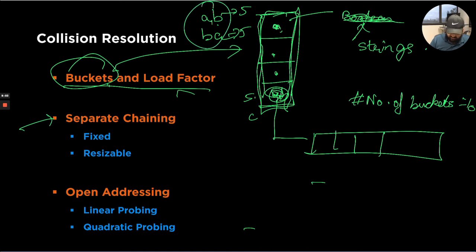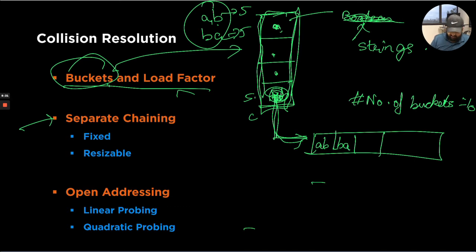At the 5th index, each of these indices is actually pointing to a collection, and you store AB and BA in the collection pointed to by this bucket, in a linked list. It could be another set, it could be something else, but a collection that is storing all the elements.